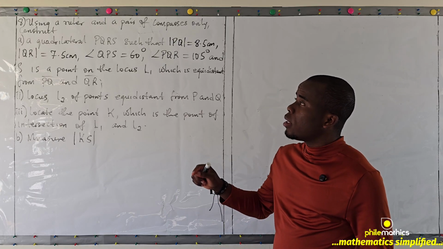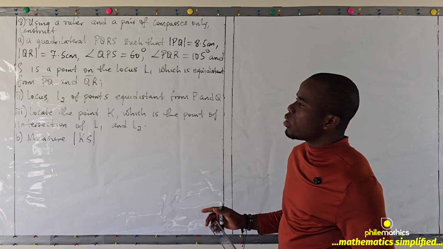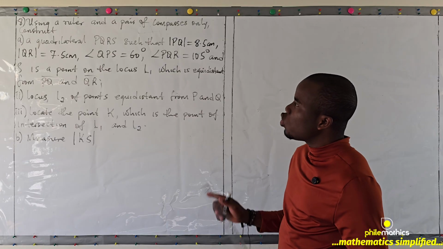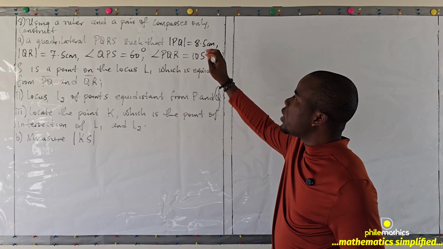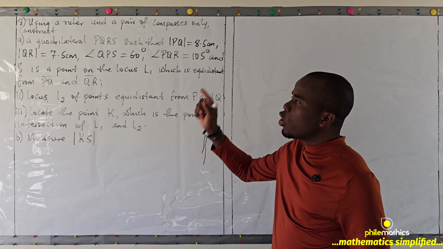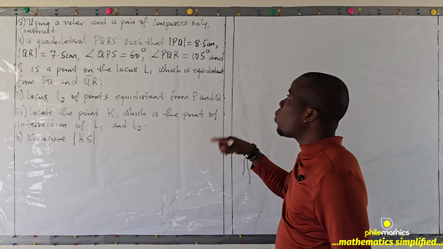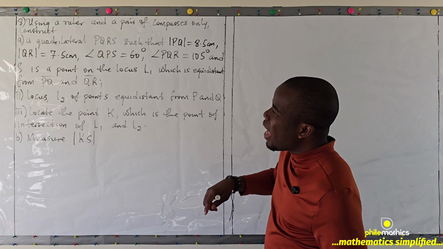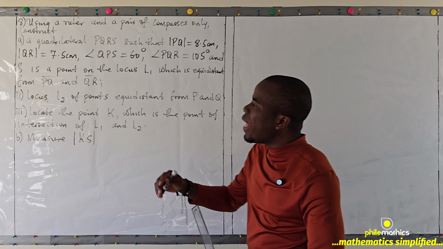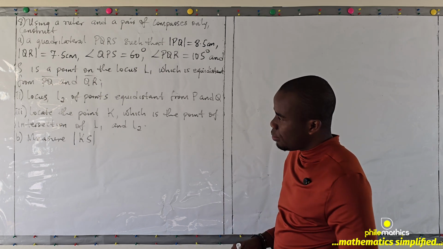And it says, using a ruler and a pair of compasses only, construct a quadrilateral PQRS such that line PQ is 8.5, line QR is 7.5, angle QPS is 60 degrees, angle PQR is 105 degrees, and X is a point on the locus L1 which is equidistant from PQ and QR.